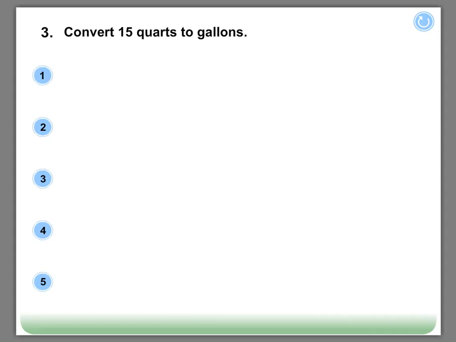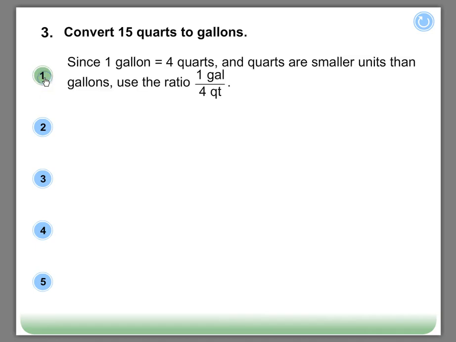Moving on. Convert 15 quarts to gallons. So again, we need to know how many quarts are in a gallon. Since 1 gallon equals 4 quarts, and quarts are smaller units than gallons, we use the ratio 1 gallon over 4 quarts. Remember in our first example, she showed us how we can use the reciprocal so that our 1 is now on top instead of in the denominator.